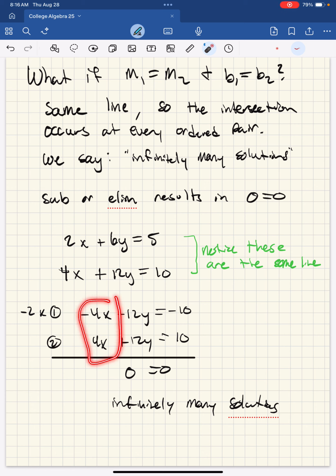So when I add them, I will eliminate x. However, in this situation, I've also got opposite coefficients of y, and the constants on the right-hand side are opposite. So when we add them together, everything is just going to unfold to be 0 equals 0. And this is your clue that these are the same line, or you could also say that they are linear combinations of each other. And then we would say infinitely many solutions because they intersect at infinitely many ordered pairs.